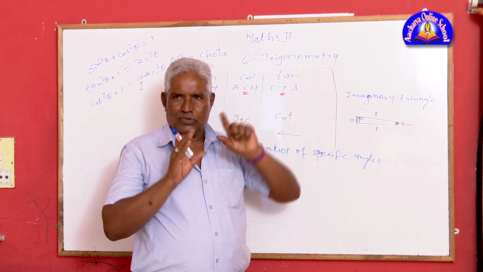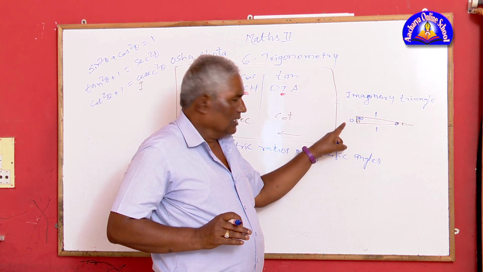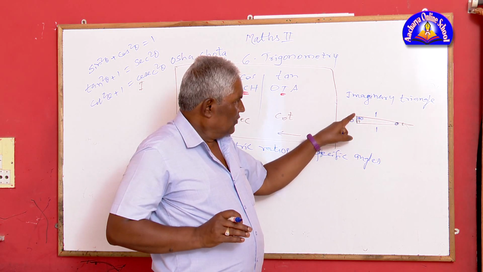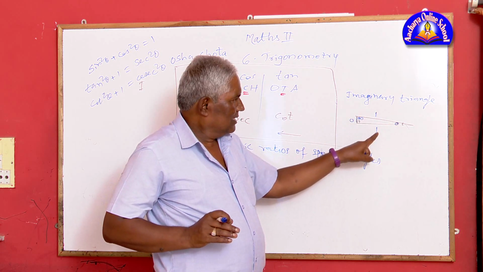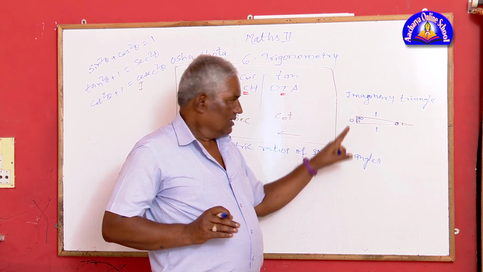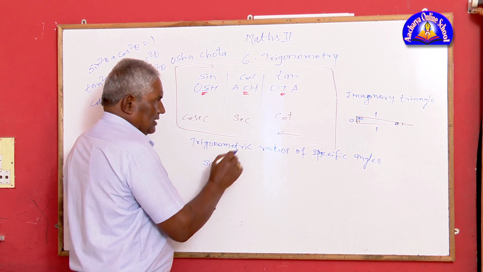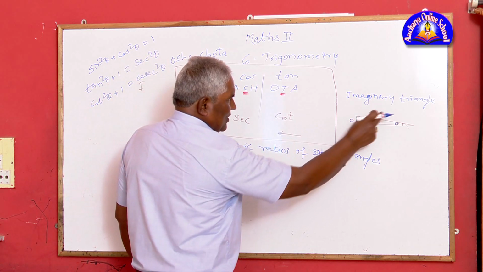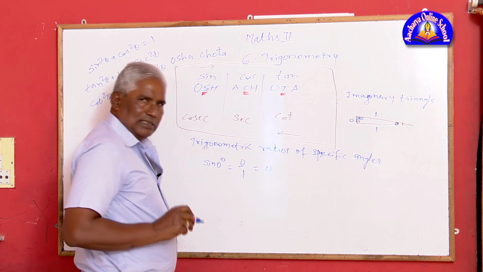Suppose this is a triangle. If this angle is 0, then this side will also be 0, because this point will coincide with this point, and these two lengths are equal. If this is 1, this will also be 1, but this length will be 0. Then what will happen? Sin 0 is opposite upon hypotenuse, 0 upon 1, that is 0.